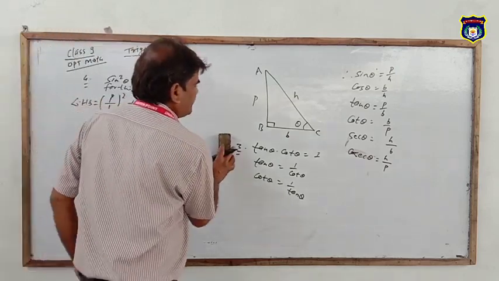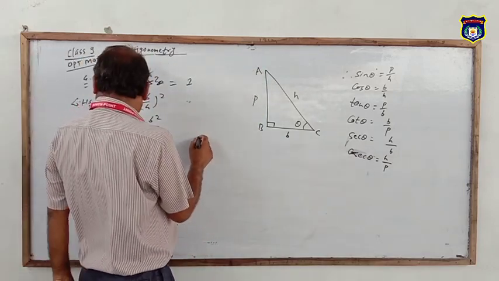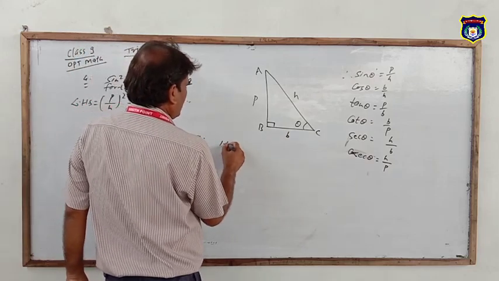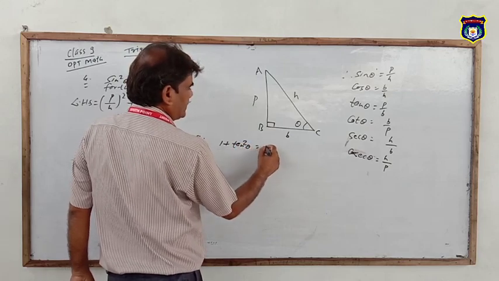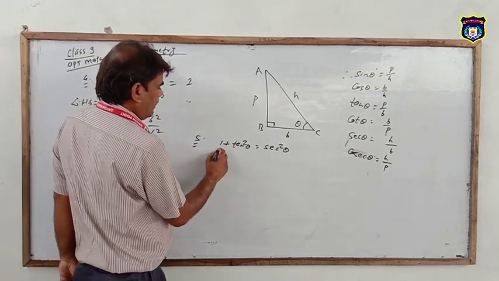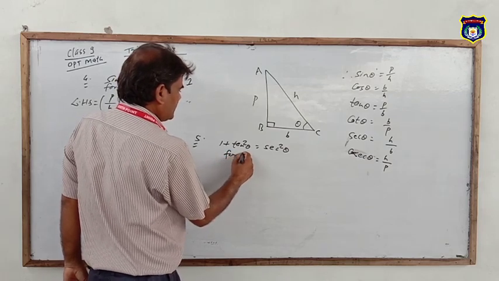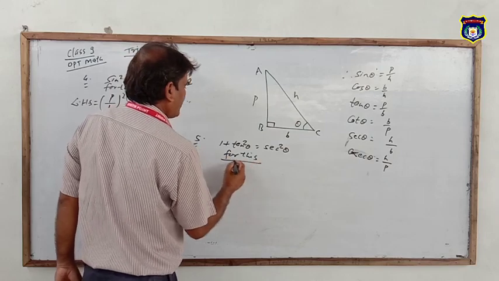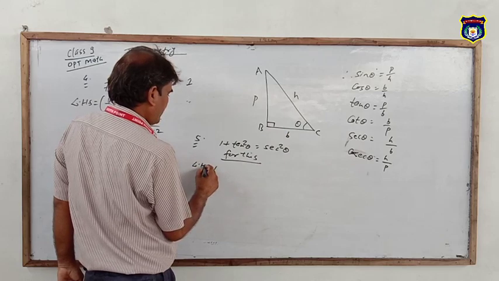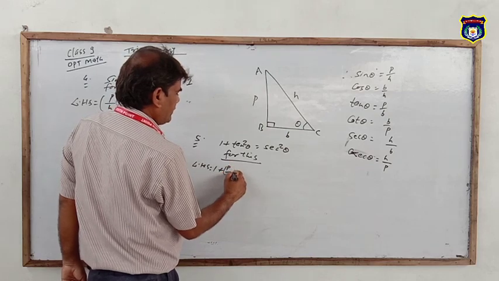Similarly, number 5, 1 plus tan square theta is equal to sec square theta. For this, on the LHS, 1 plus tan theta is P by B square.